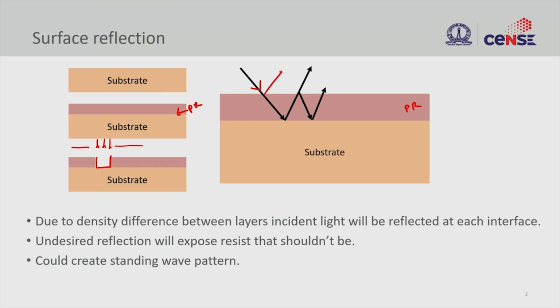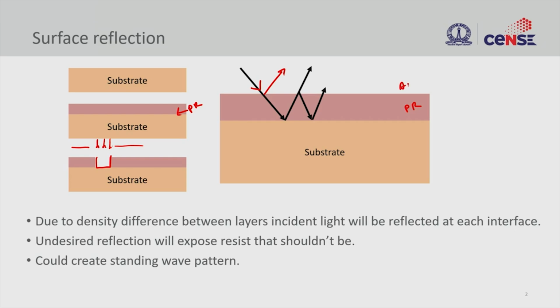You will also have reflections from here because there is a difference in the refractive index, right? So this is very fundamental. Whenever there is a refractive index or density change, light will reflect and refract. So in this case, light is reflected from the top interface.